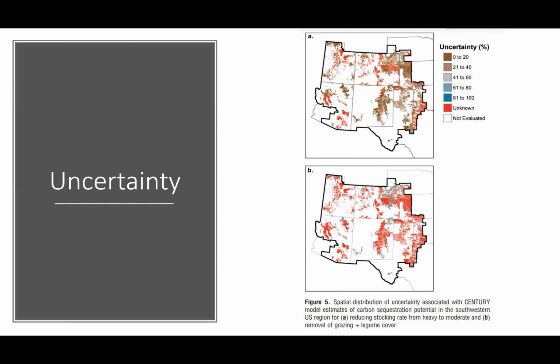And typically, that uncertainty is what the markets use to develop a discount rate. So if we've got a high number for carbon sequestration, but we've got high uncertainty with it, then we're very likely to have a high discount rate, which is going to lower the price. I'll talk a little bit more about that later as we go through. Okay, that's uncertainty.